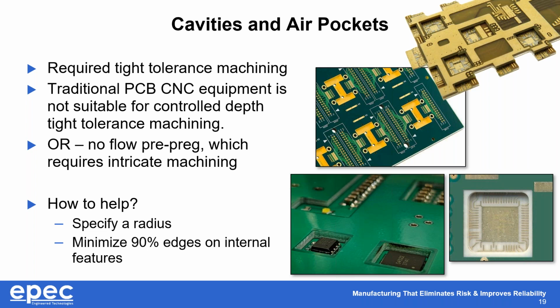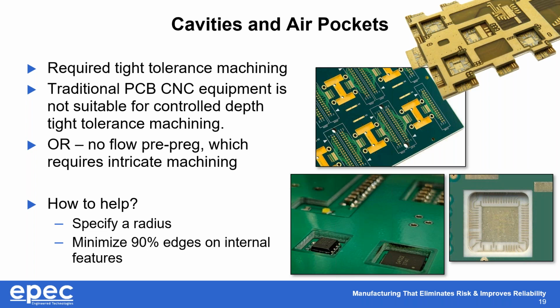What is easier for us and more cost effective for you as a customer is to do what we do down here in the bottom and allow radiuses. That allows us to use our printed circuit board manufacturing equipment to create those features, which is much more cost effective than having to machine those 90-degree edges.